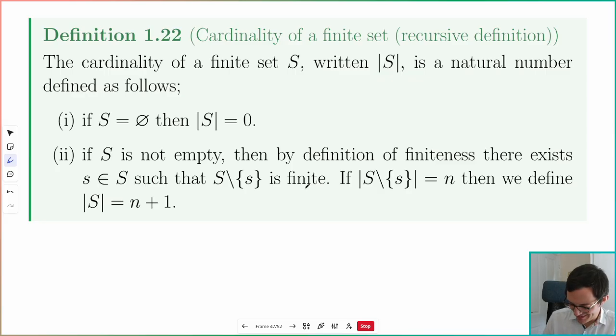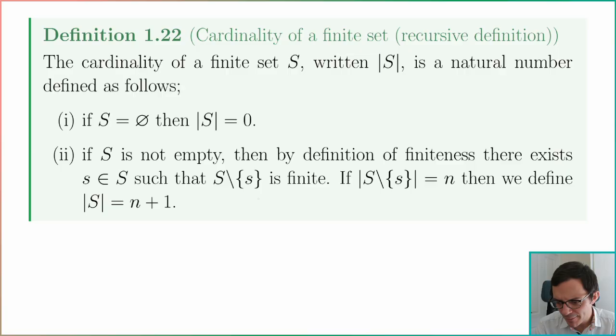And then my definition is going to be that if the size of that set, after you remove the element, is the number n, then we define the size of this set to be n plus 1, the set including that element that you removed. So this lets us build up from sets of size 0 to sets of size 1 and then 2 and then so on through all of the natural numbers. And it really relies on my definition of finiteness.